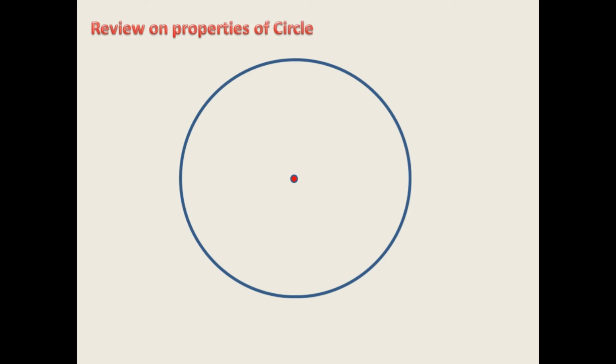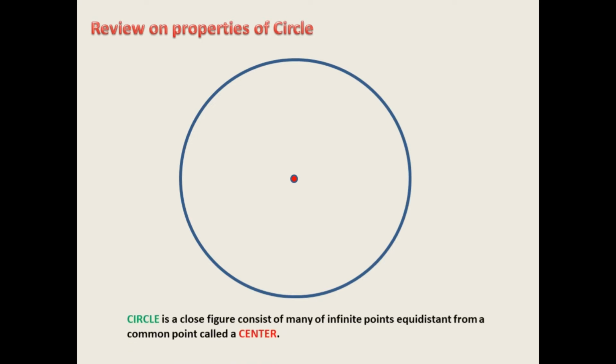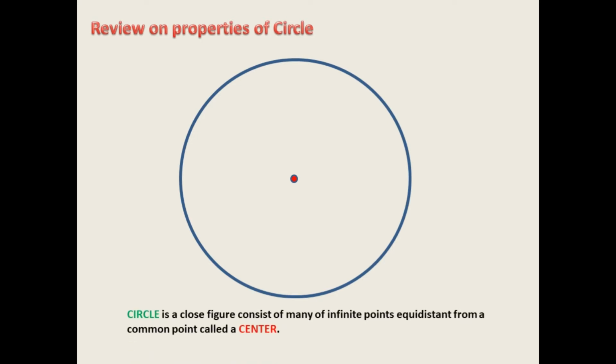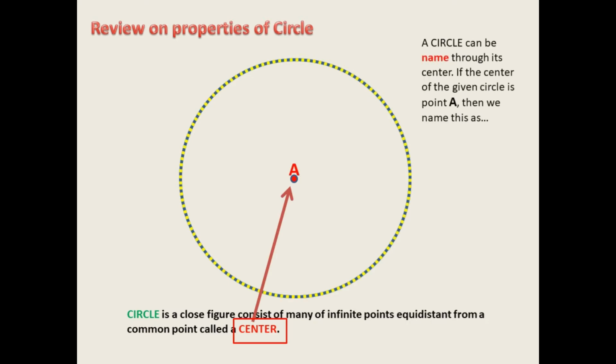So let's review now the properties of a circle. A circle is a closed figure that consists of many, or infinite, points equidistant from a common point called the center. A circle can be named through its center.